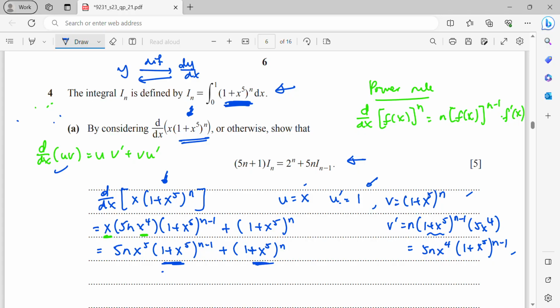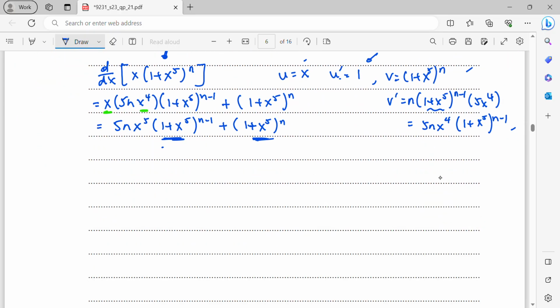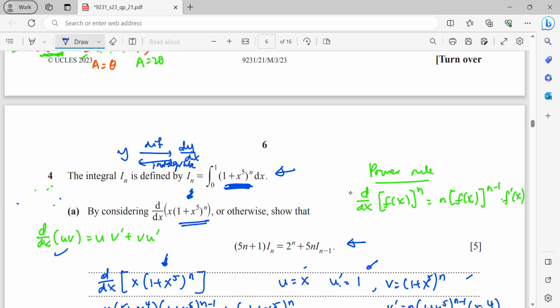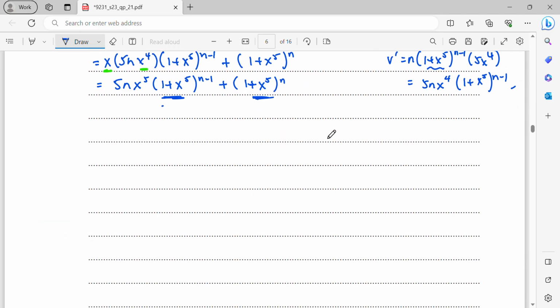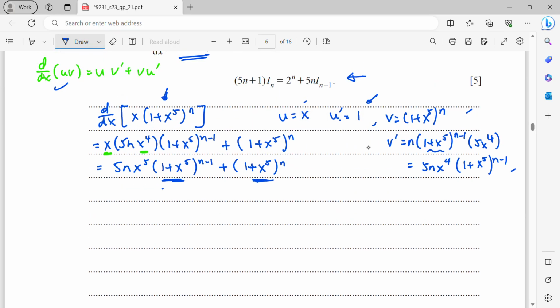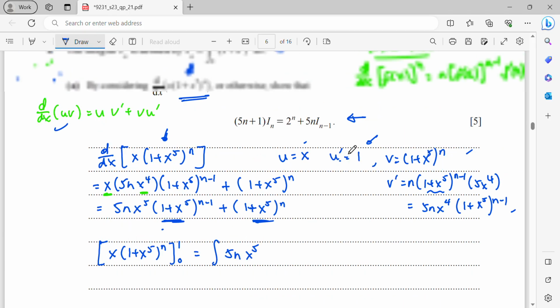Alright, so here I need to integrate my right hand side. Okay, so when I integrate my right hand side, I will write the left hand side with limits, because my integration has limits 0 to 1. So I will add on the limits. So here 0 to 1 equals integrating the right hand side based on this result.